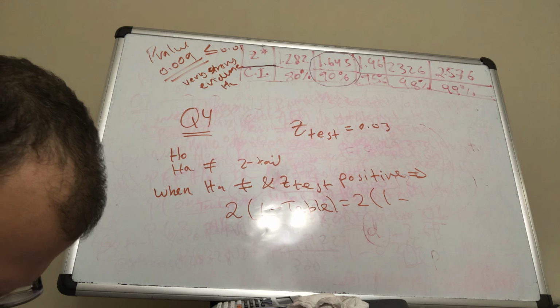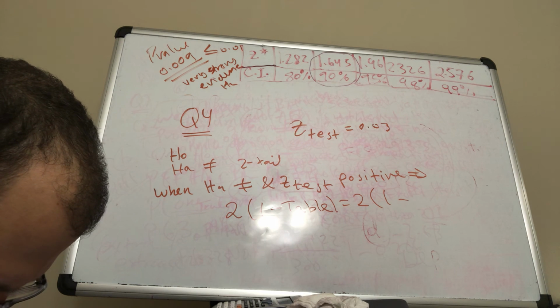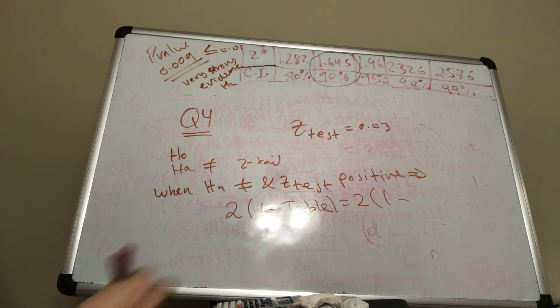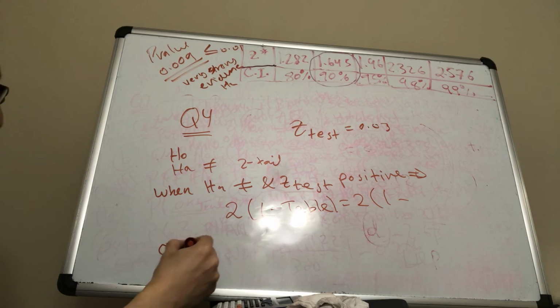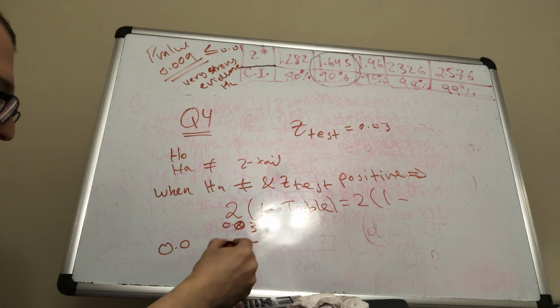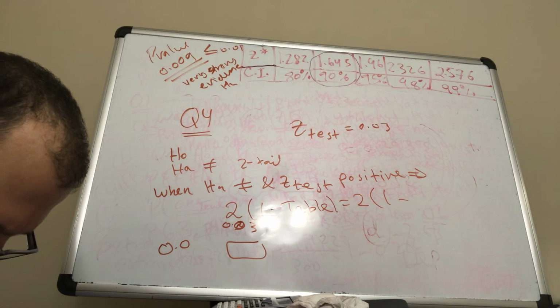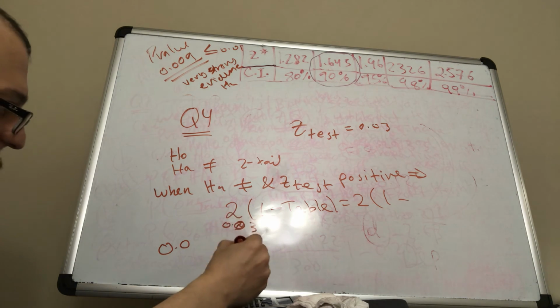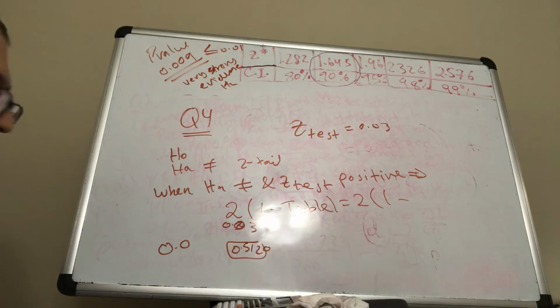0.3 from your table would be 0.6179, because you have to look for 0.0 and the second decimal place is 3. You see it pretty much in the first line.